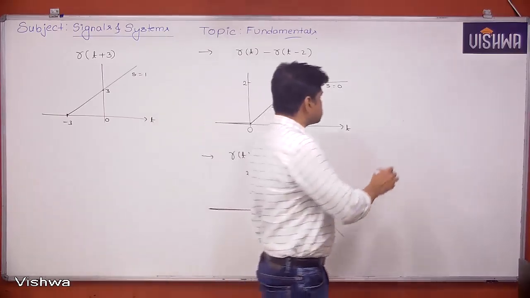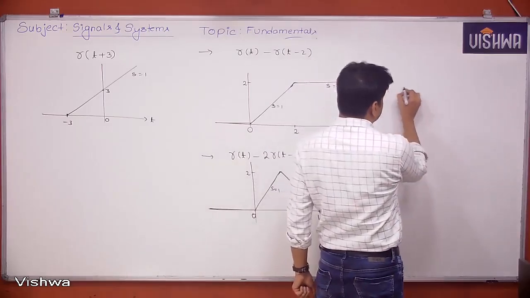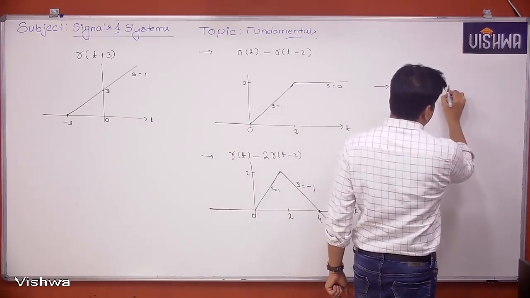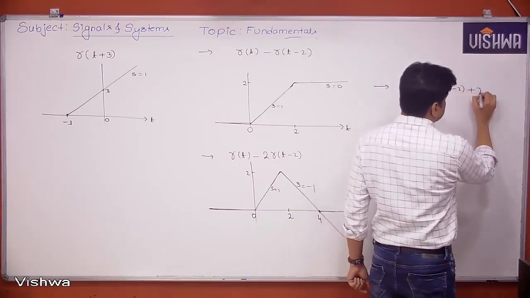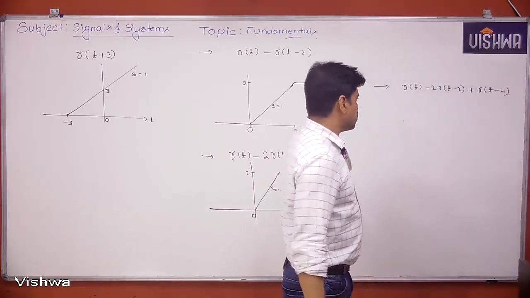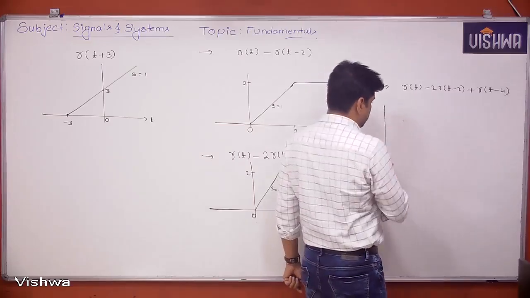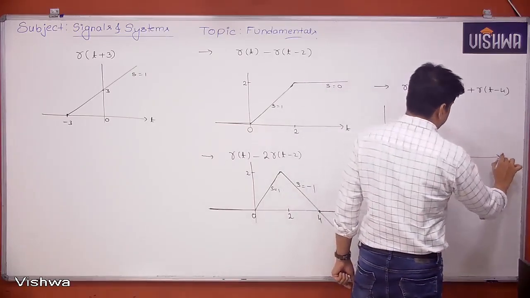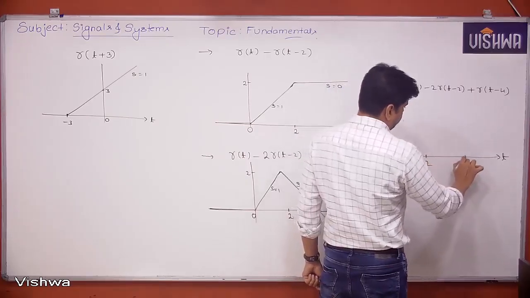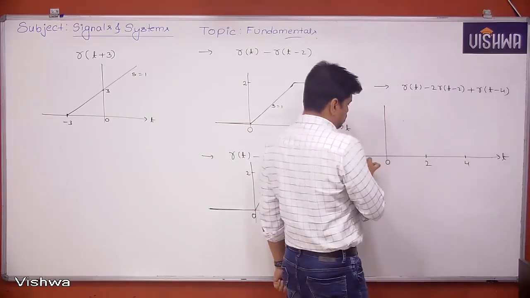Next, suppose r of t minus 2 r of t minus 2 plus r of t minus 4. If I try to draw this, how is it going to look? 0, 2, 4. Up to 0, slope is 0.